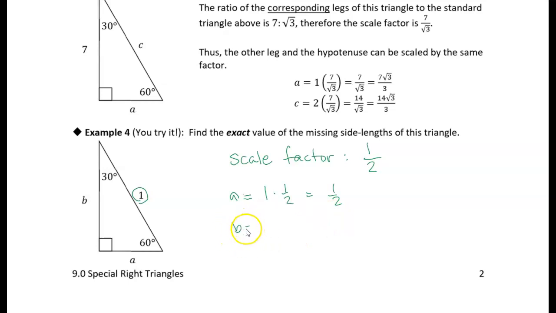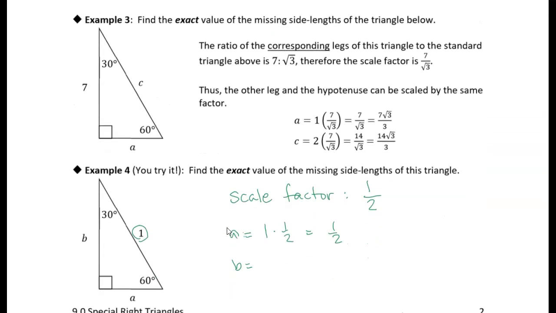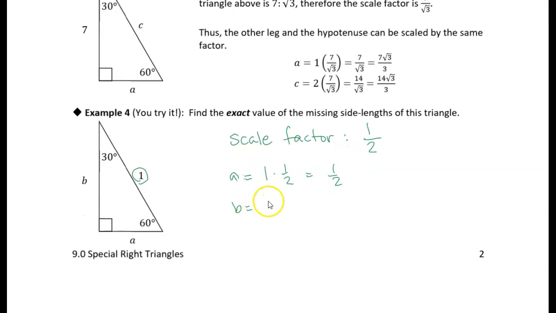And B, in the standard triangle, is square root 3, but then we're scaling it down by 1/2, so we're going to get square root 3 times 1/2. So this side, B, is square root 3 over 2 units long. Okay, that's all there is to it.